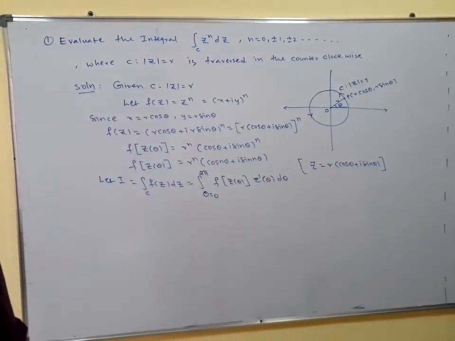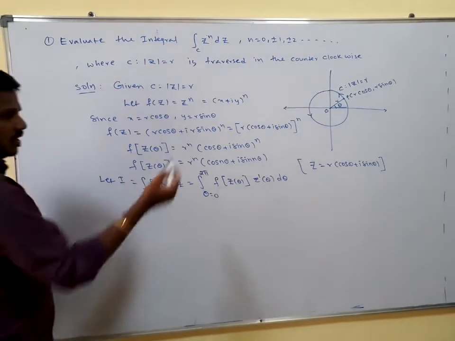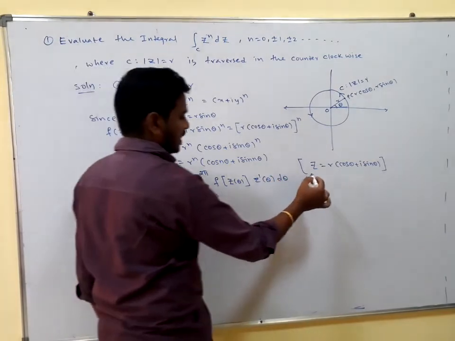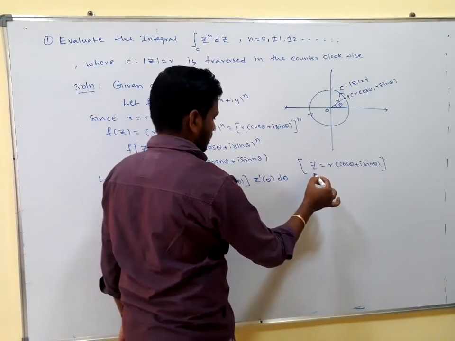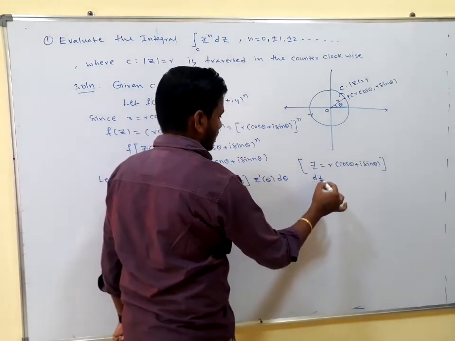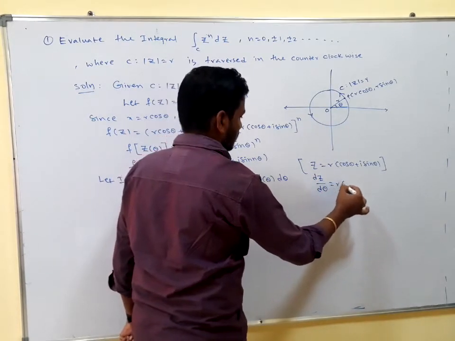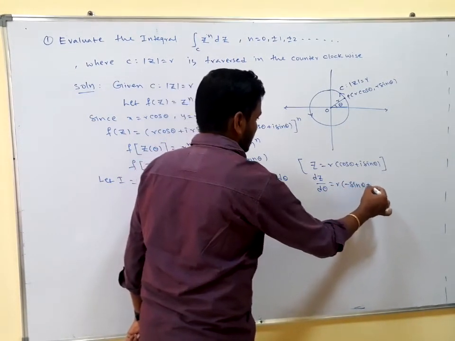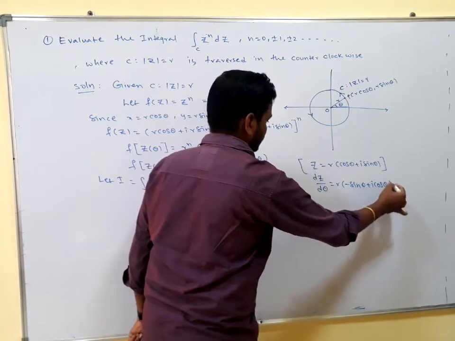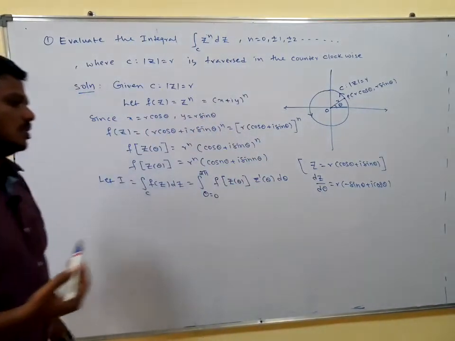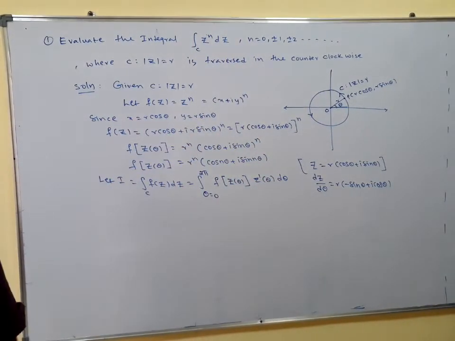If you substitute this, with respect to theta, dz by d theta is equal to r (minus sin theta + i cos theta).